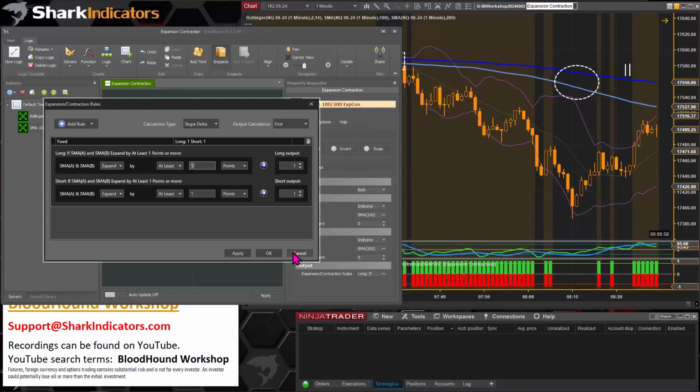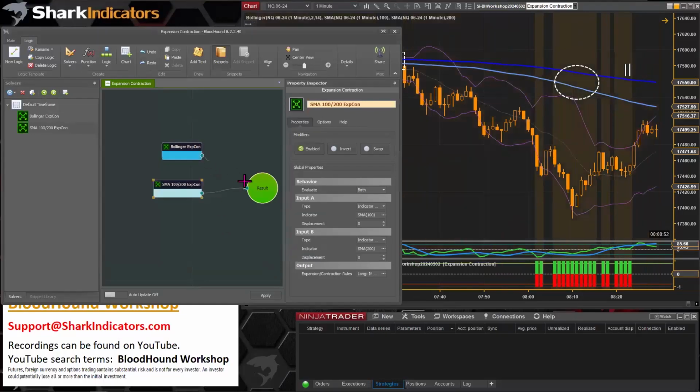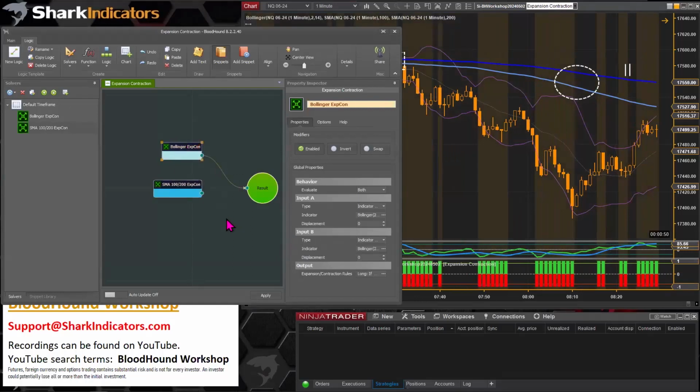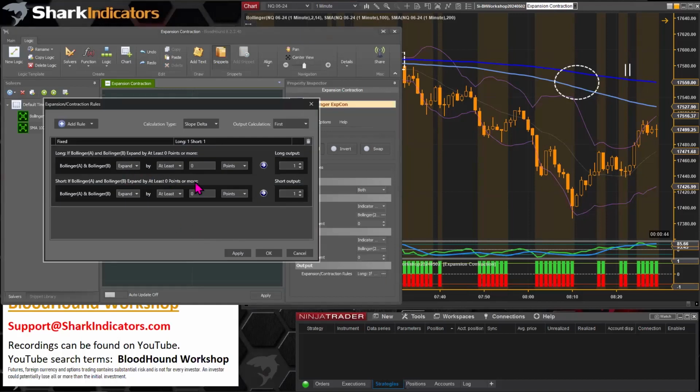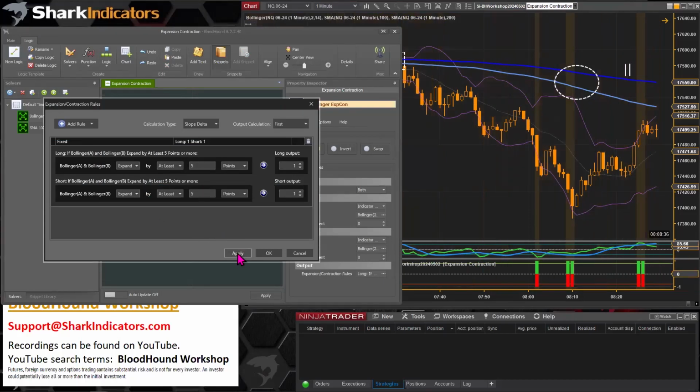So let's go back to the Bollinger here. So with the Bollinger, let's see if the Bollinger expands more than 5 points. So there we go.